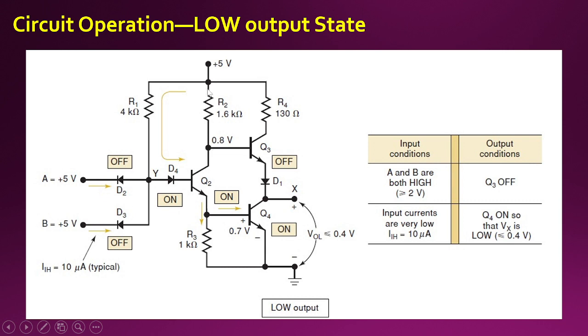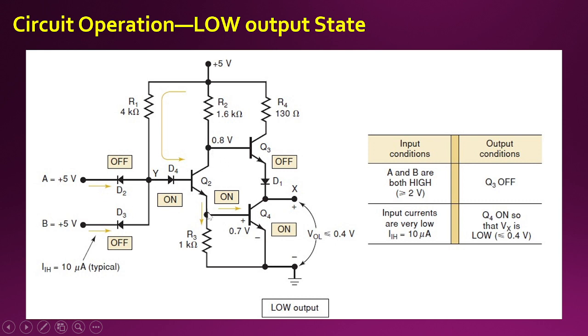Now when a current is flowing through the collector to the ground, the transistor is in switched on mode, and the voltage across it will be almost zero.